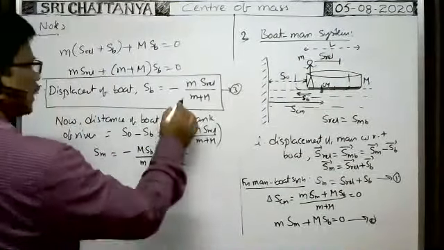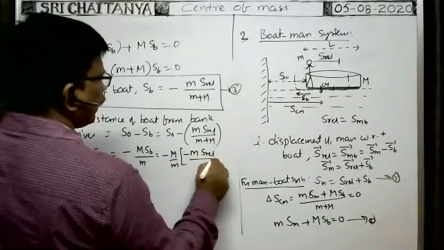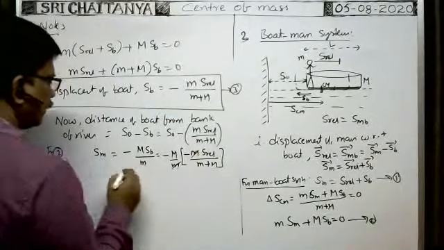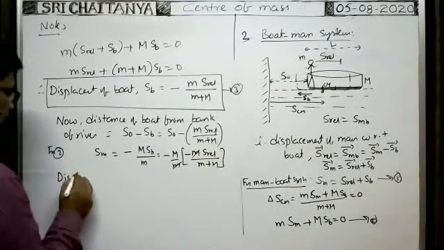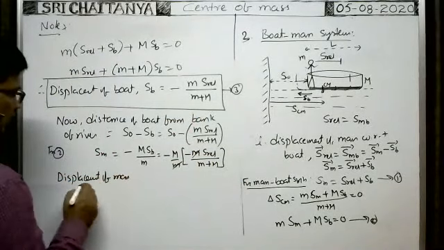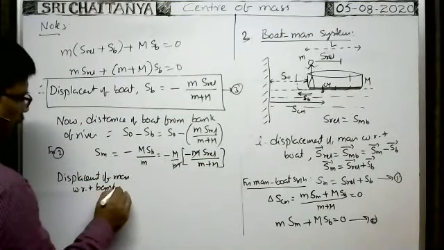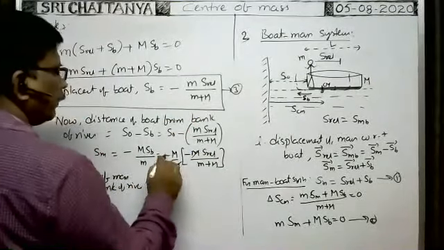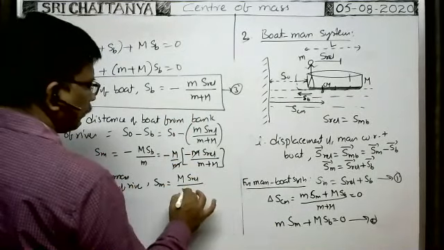SB we got here as minus m into S relative by small m plus capital M. Here, of course, small m cancels. Therefore, the displacement of the man with respect to earth or with respect to the bank of the river, SM is equal to plus capital M into S relative by m plus capital M.